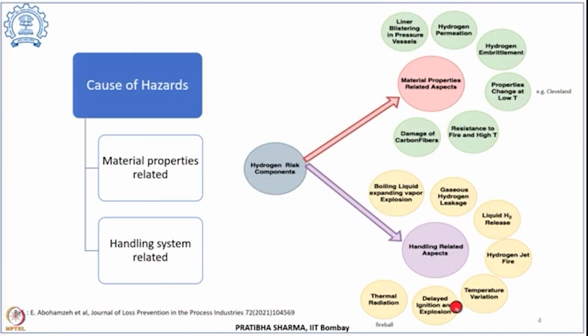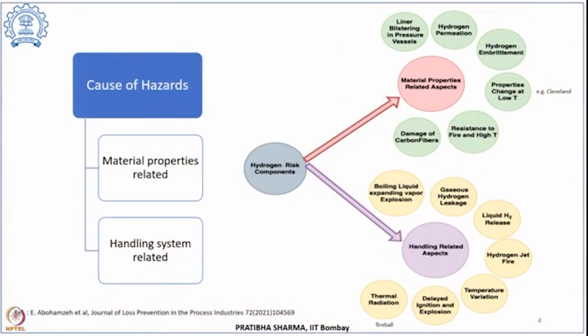However, if the ignition takes place after a certain time, so if there is a delayed ignition after the gaseous hydrogen leakage, in that case explosion can occur. Now in case of delayed ignition and explosion, hydrogen gets time to mix with the air, and thereafter if there is an ignition source present, it can result in an explosion.